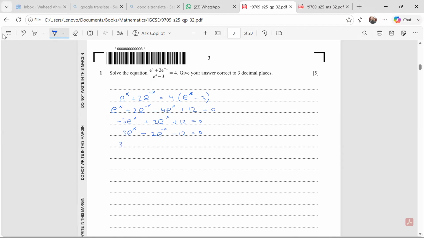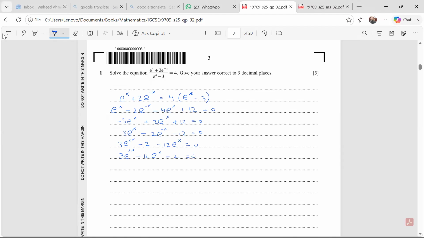So this will become 3e to the power 2x, and this will become minus 2 only, and this will become minus 12e to the power x. No problem? So I can rearrange it: 3e to the power 2x minus 12e to the power x minus 2 equals 0.